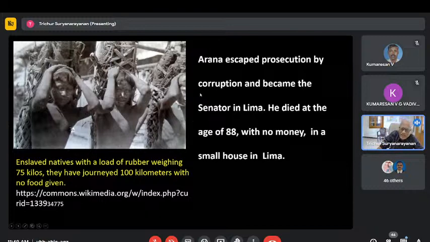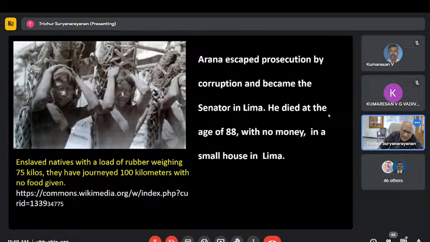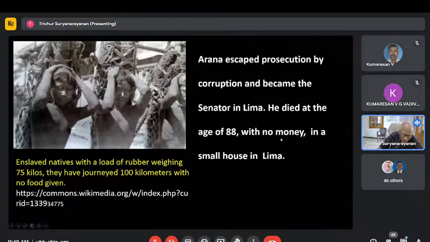Later on, there was a case against Arana, but he escaped punishment by bribing the government, through corruption. Not only that, he became the senator of Lima. Interestingly, when he died at the age of 88, he had no money and he died in a small house in Lima. What happened to all the money?